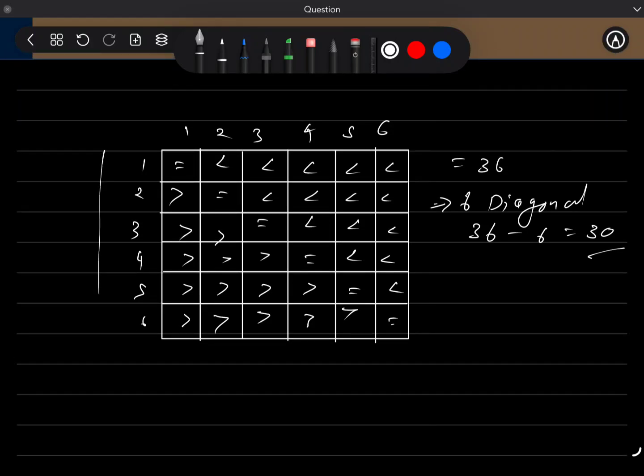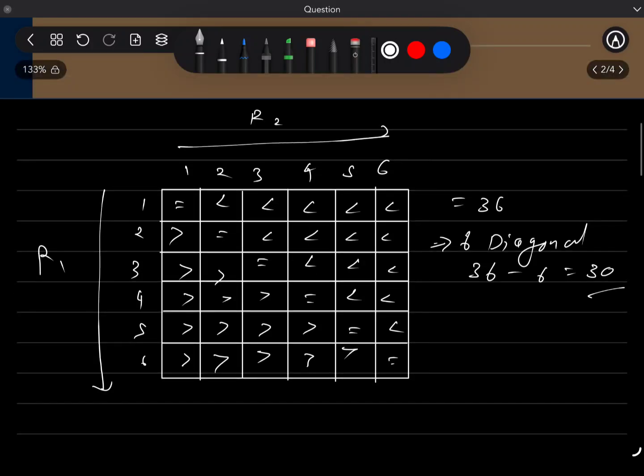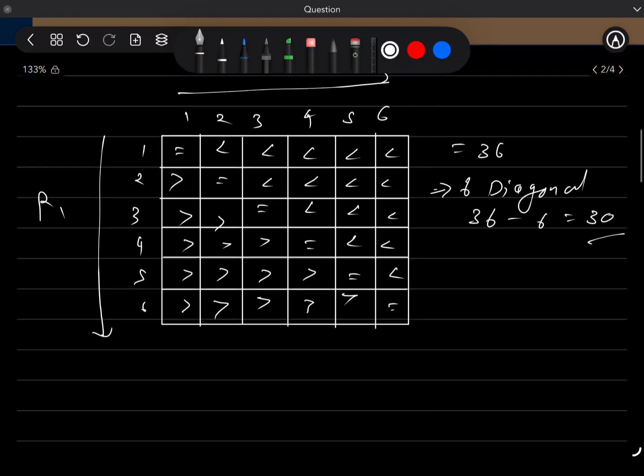Suppose rows represent roll 1 and columns represent roll 2, and from the grid we can say that in the upper triangle all values of roll 1 are less than the values of roll 2.